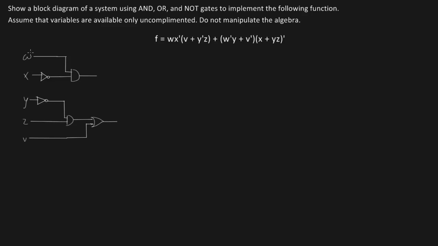So we've got the W X naught up here, and then we've got the V or Y naught Z. Yes, okay. And then these two have to be ANDed together. So we'll do that, and then move on to the second half of the problem.